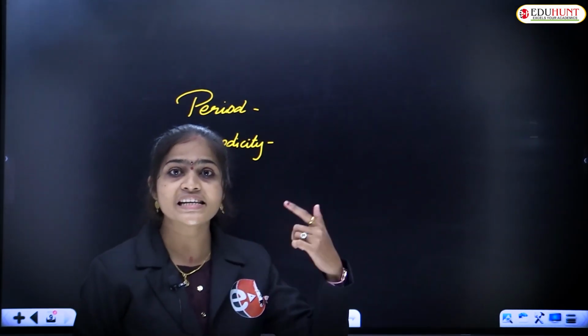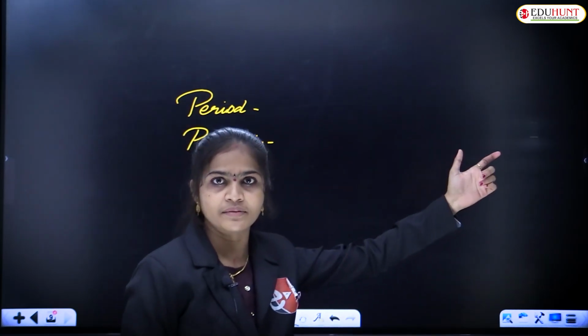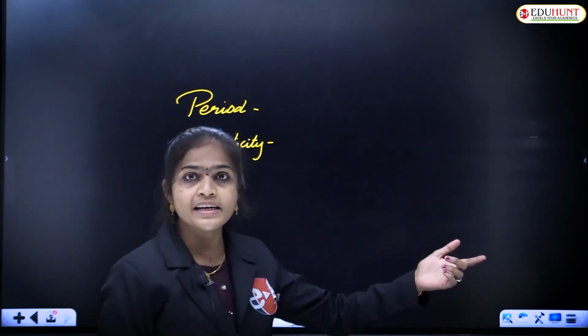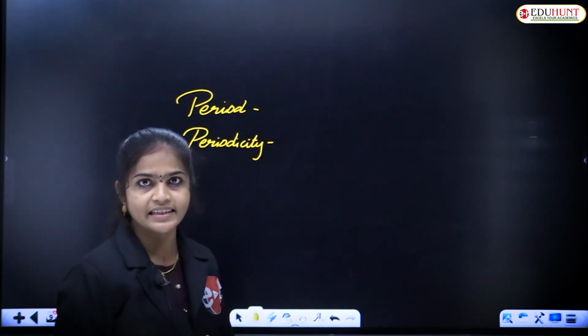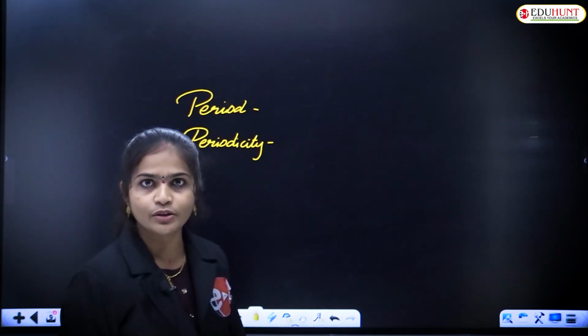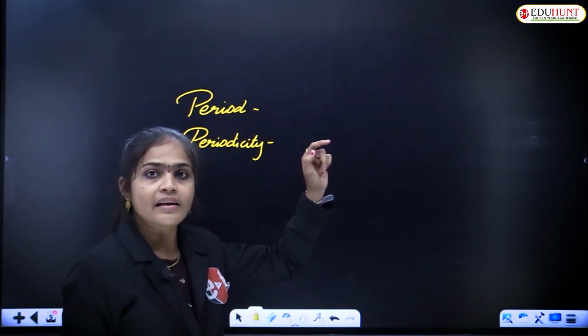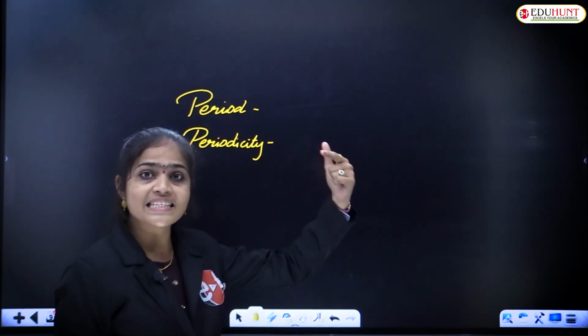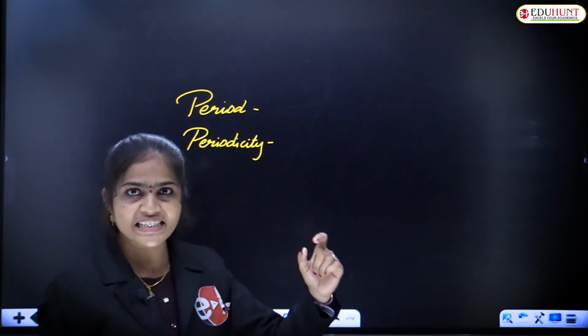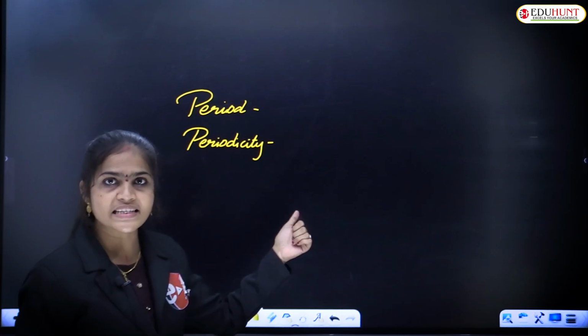The number which is in repetition is called period. The number of digits in repetition is called periodicity. Okay, once again I am telling, the number which is in repetition is called period, and the number of digits in that repeating number is called periodicity.